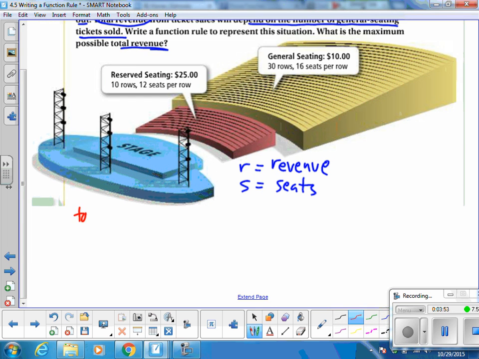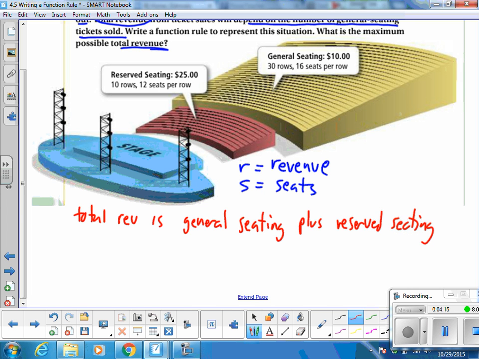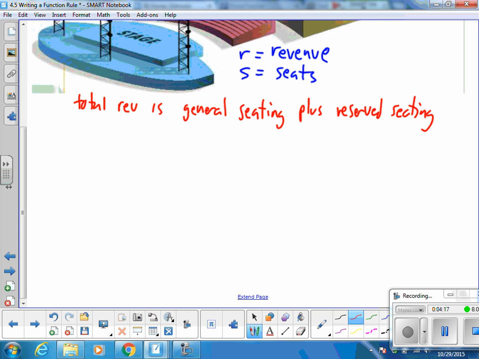My total revenue is general seating plus the reserve seating, and those two together should end up creating my total revenue.